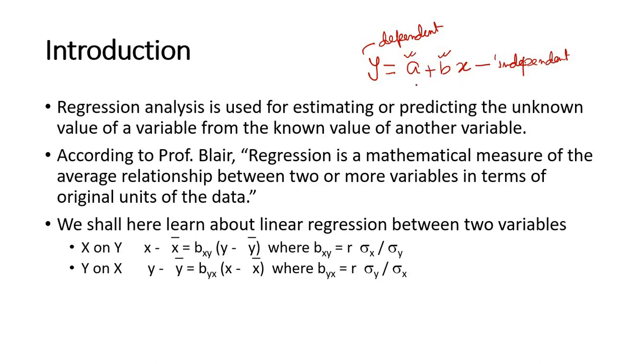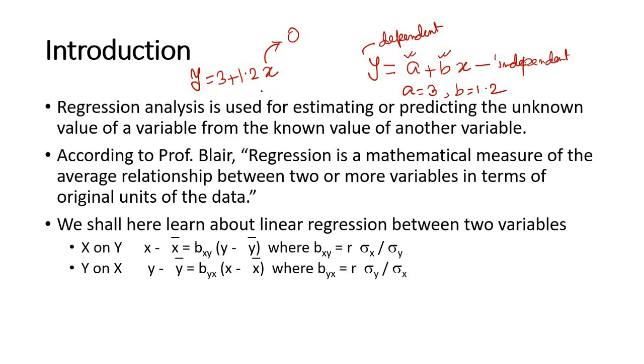Suppose at the end of the calculation we find that a is 3 and b is equal to 1.2, then the regression takes the form y equal to 3 plus 1.2x. Now, when we know this relationship, then for a given value of x, say x is 0, I want to find out the value of y.